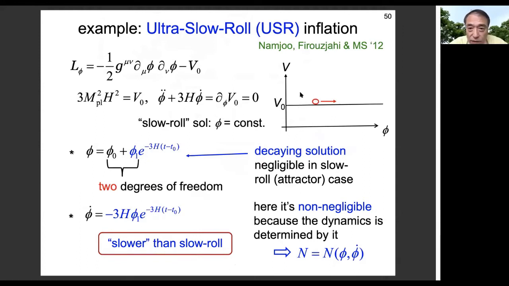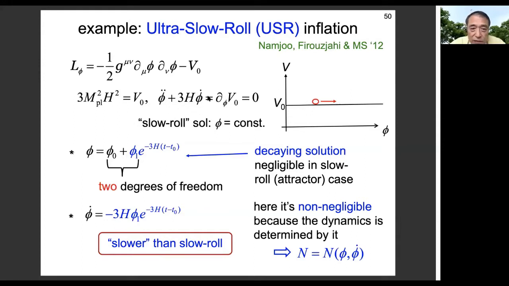So essentially the universe is dominated by the cosmological constant, but the scalar field rolls slightly, not by the potential force, because the derivative of the potential is 0. So in the leading order, the slow roll solution is phi equal constant. It just stays at a certain point.